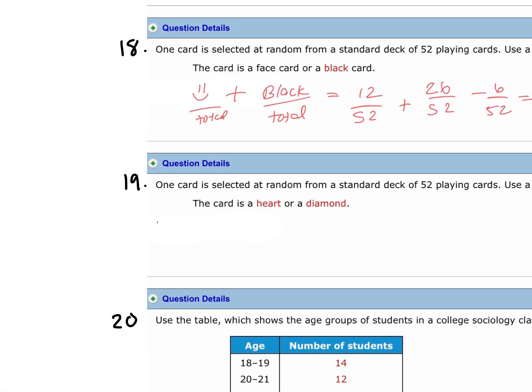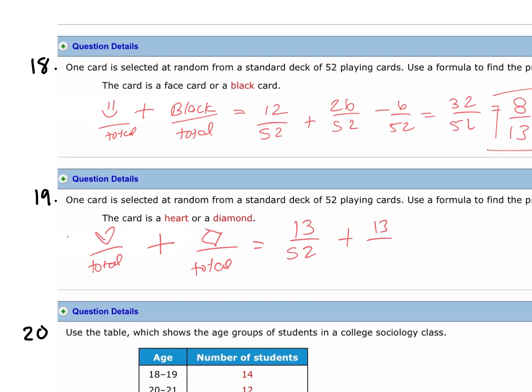All right, probability of a heart or, what does that mean? A diamond. How many hearts are there in a deck? It's a suit. There's 4 suits. 13 out of 52. How many diamonds are in a deck? 13 out of 52.